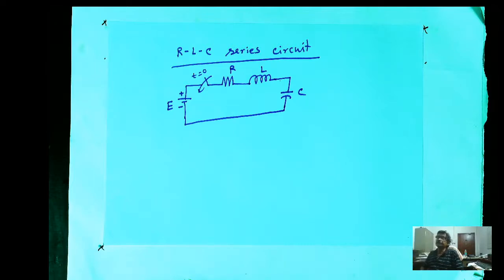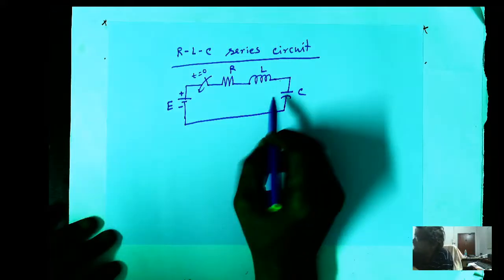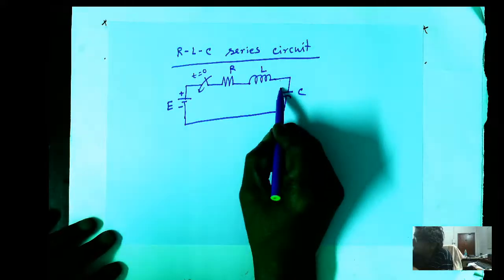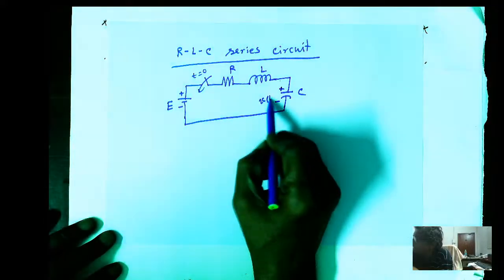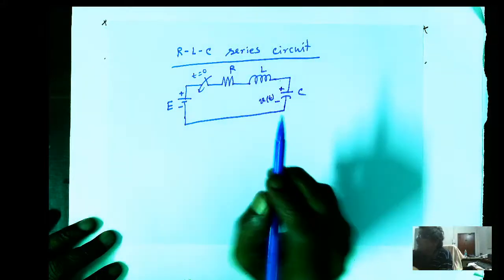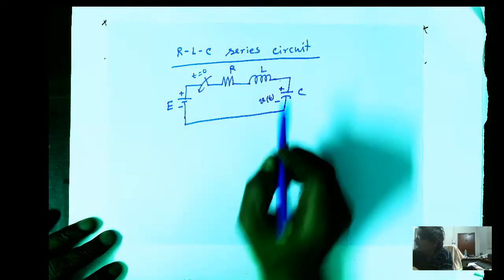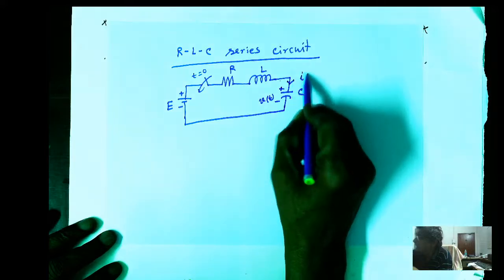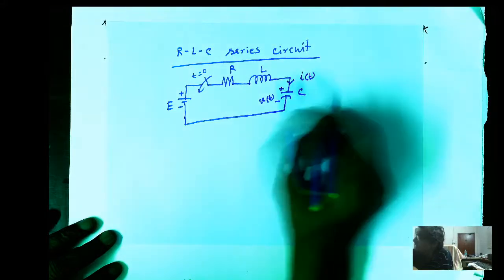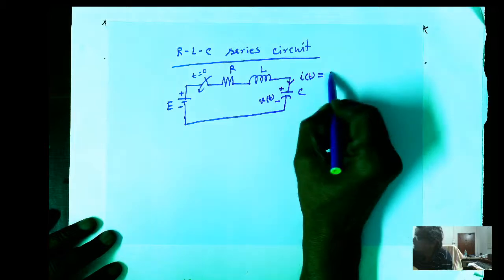A second order differential equation. Let us first write that. What we will assume is this: voltage across the plate of the capacitor at any time t to be V(t). Then I am sure the current i(t) is no extra unknown. It is equal to C dV/dt.